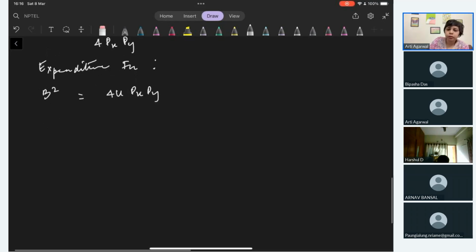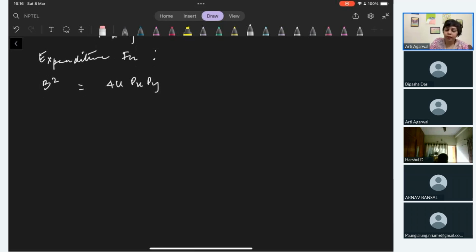Now you take the square root on both sides, and instead of b, we write this as e, and you can write it as a function of px, py, and u bar, or u, whichever way you want to use it. Let's use u right now. We've not introduced u bar yet. So you just take the square root, it becomes 2 root u px py, right? This is just rearranging the terms. This is your expenditure function.